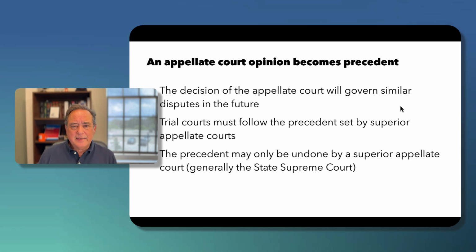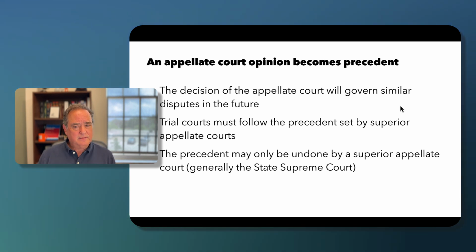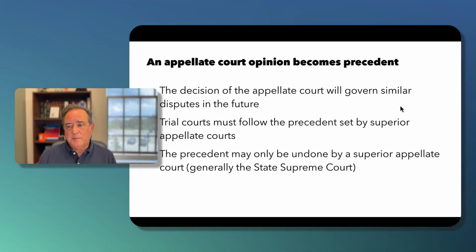Now, the precedent can only be undone, changed, reversed by a superior appellate court. In the matter of state courts, that is generally the state Supreme Court. And once the state Supreme Court issues its opinion, then every trial court and every appellate court in the state will be required to follow that opinion.